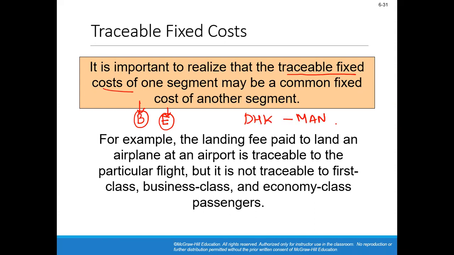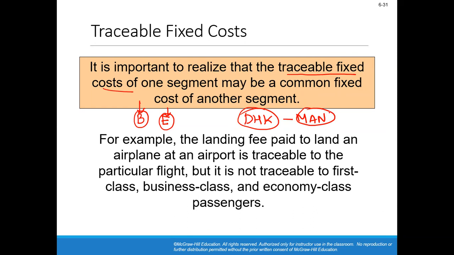It operates directly from Dhaka to Manchester and Manchester to Dhaka. For operating the flight on this route, the Dhaka airport charges fees from Biman Bangladesh Airlines, and the Manchester Airport Authority also charges a landing fee from Biman Bangladesh Airlines.